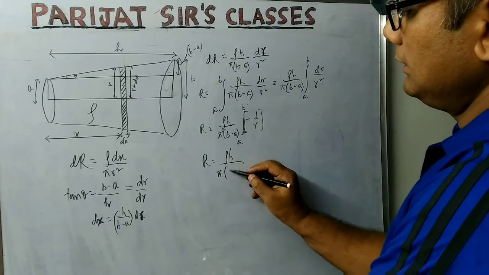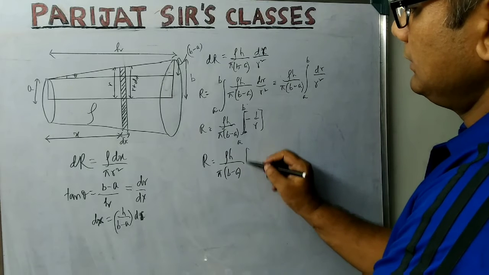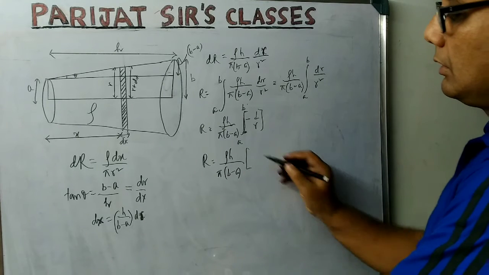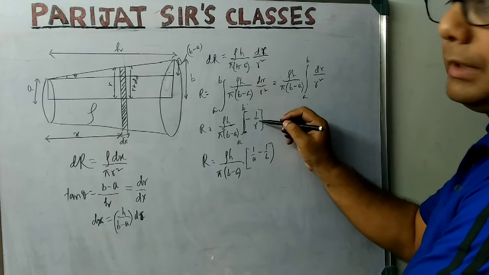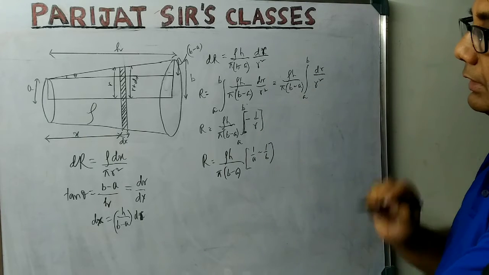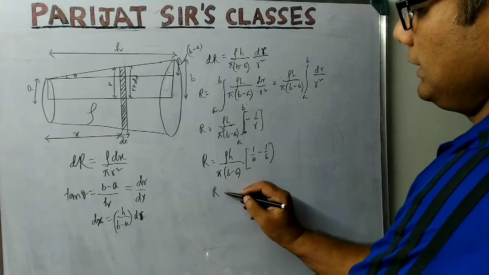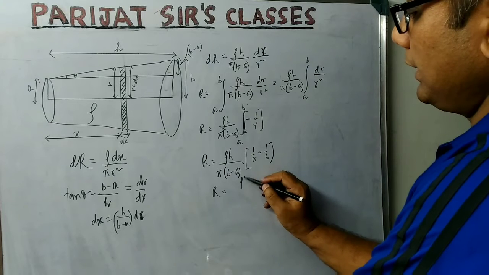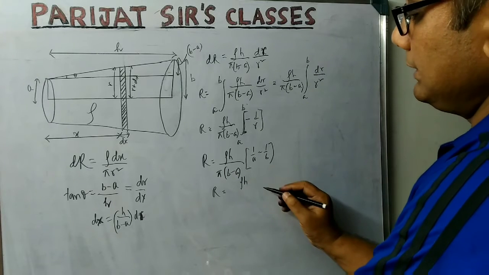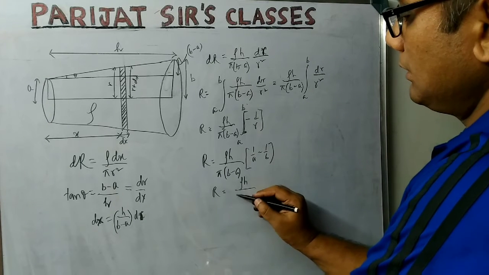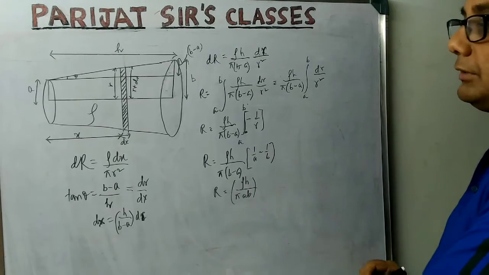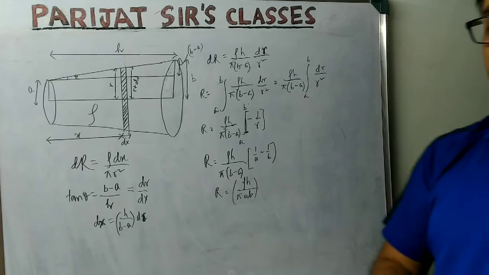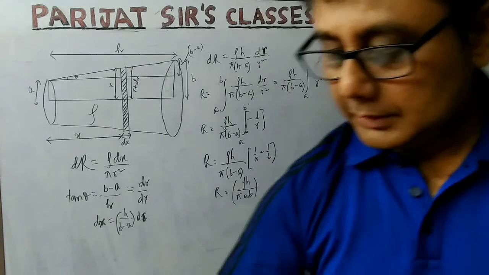Rho H by pi B minus A, so it will be 1 by A minus 1 by B. First you have to put B, then minus, so it will become plus. So simplifying this, we will get rho H by pi AB, because B minus A will cut. So this is the solution of this section.